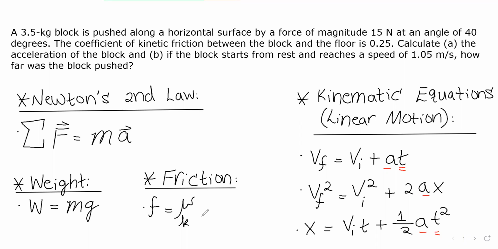We can always use mu times normal force. But the situation is kind of a little unusual because normal force has no set in stone equation. It always changes from situation to situation.